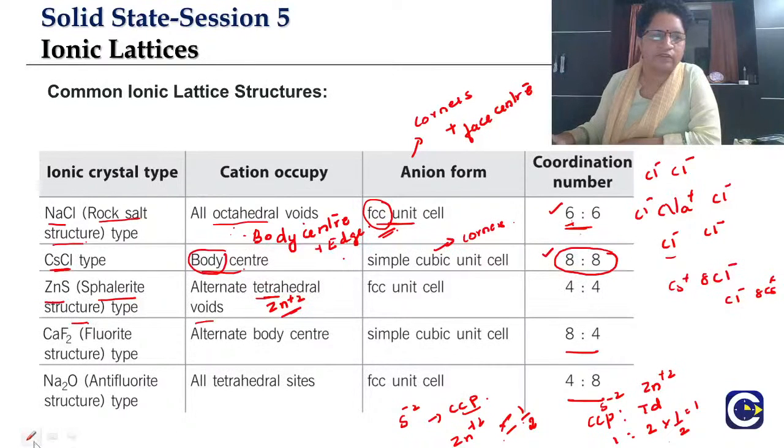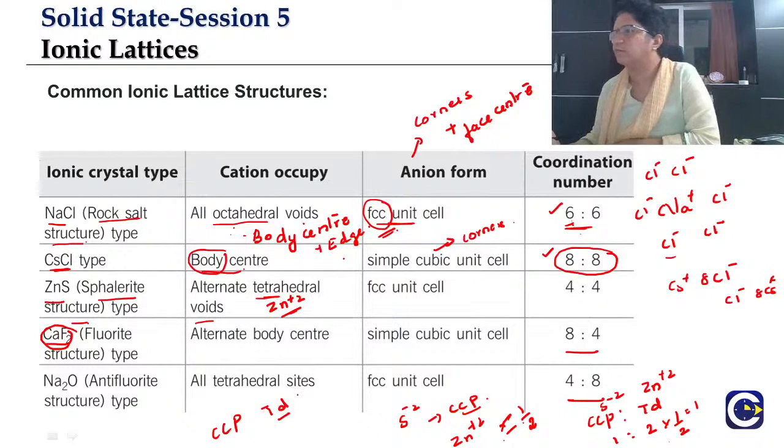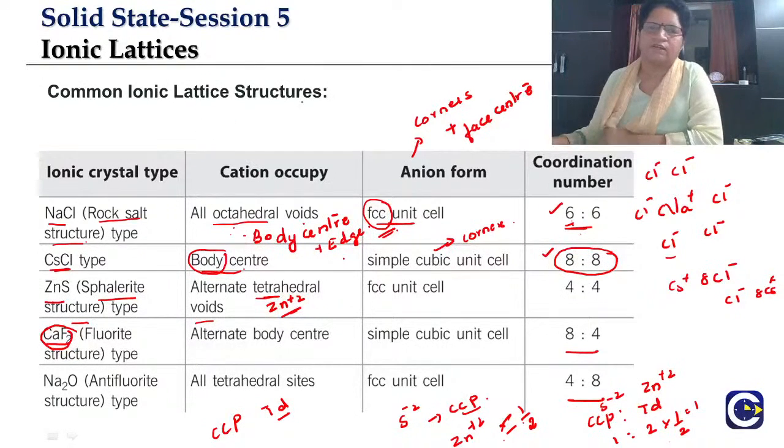Then if I go with calcium fluoride, we should get the formula as 1:2. When will we get the formula as 1:2? If one is forming the closed packed structure, the other is occupying all the tetrahedral voids. Aditi, we have the ratio.